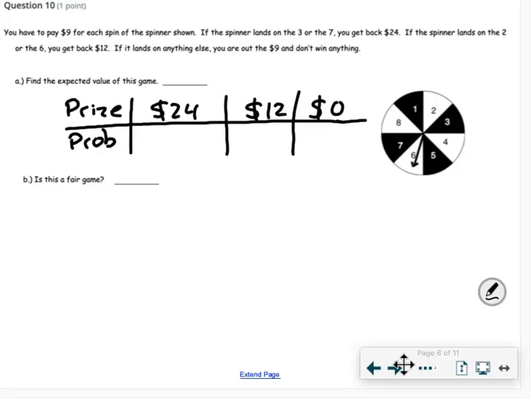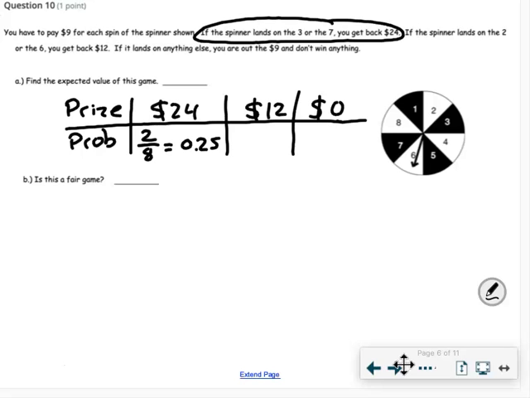All right, so the probability that we win 24: this is another spinner that has 8 options. The way that you win 24 is if you land on the 3 or the 7. So there's 2 ways to win out of 8. This is 0.25. Let's look at the ways to win 12.